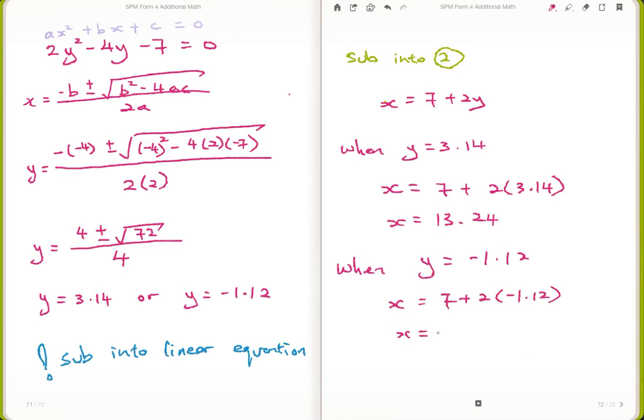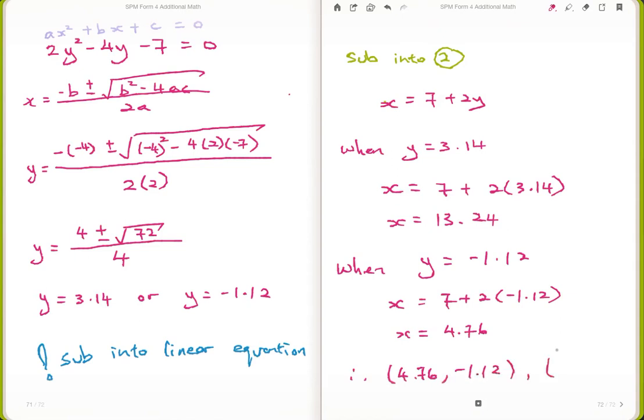The x turns out to be 4.76. So therefore, when x is 4.76, my y is negative 1.12.